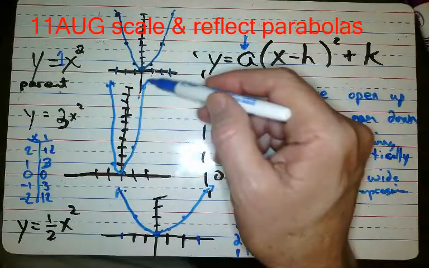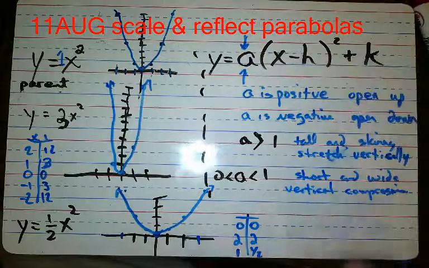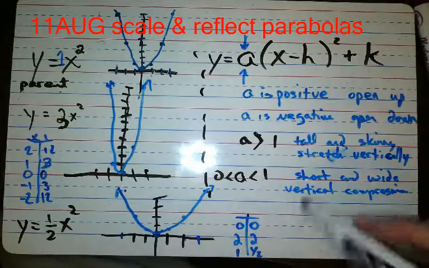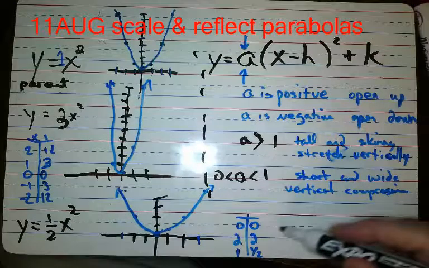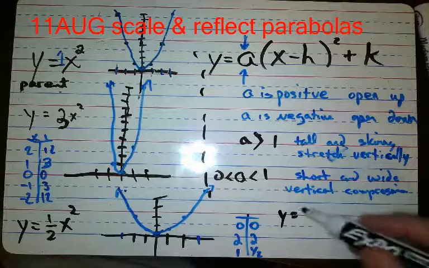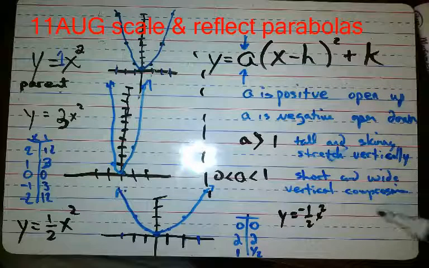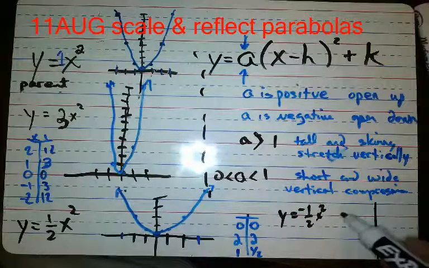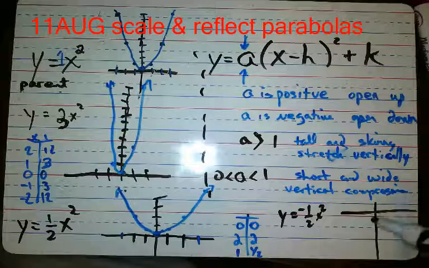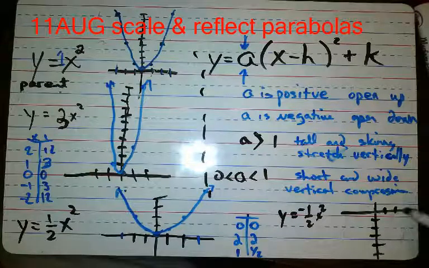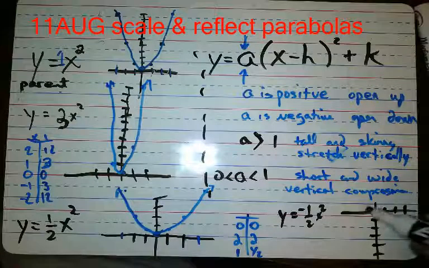And so it's a parabola. It goes on forever, like all of them. It's just wider. So if the fraction is negative, let's do one more. If the fraction is negative, y equals negative 1/2 x squared. Negative turns it upside down.